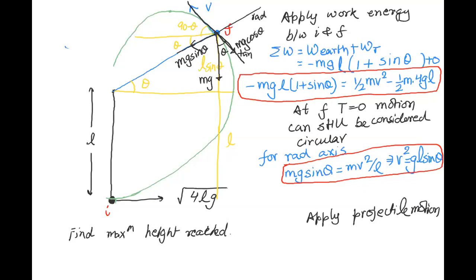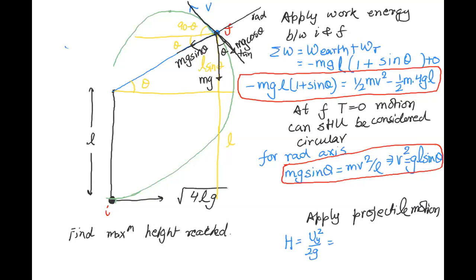I think we will have to add L, or L into (1 plus sine theta). Okay, and then we apply projectile motion. For projectile motion, we only need to find the maximum height, and maximum height, remember, is uy square by 2g.